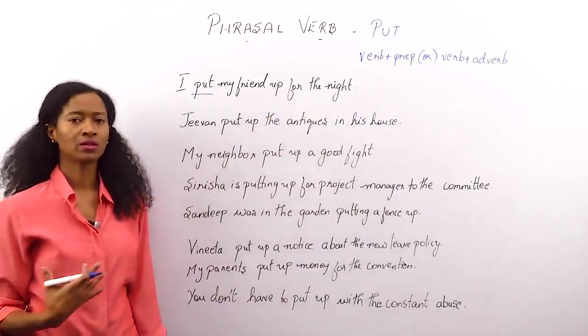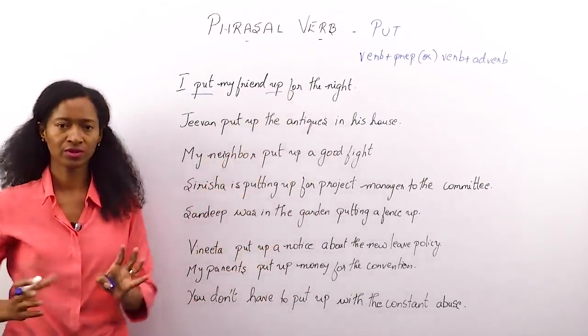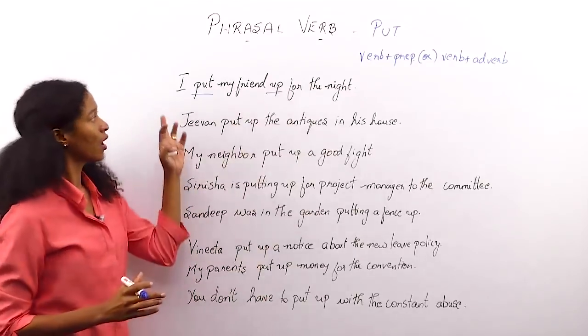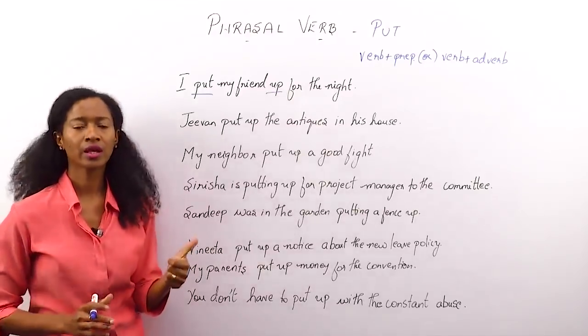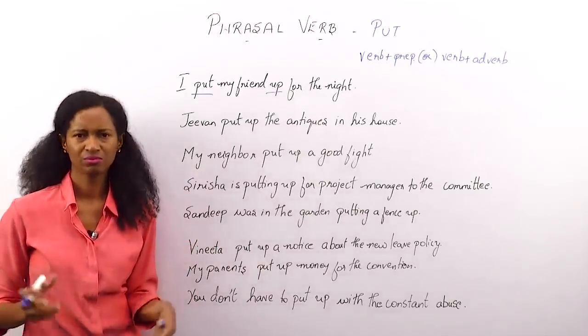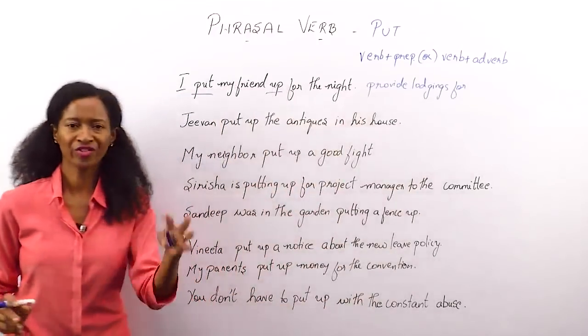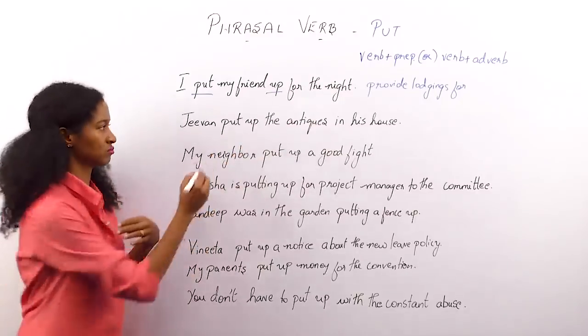I is the subject, my friend is the object, put up is our phrasal verb, verb plus adverb. So here again, what can it mean? Basically providing lodgings for your friend, giving your friend accommodation.